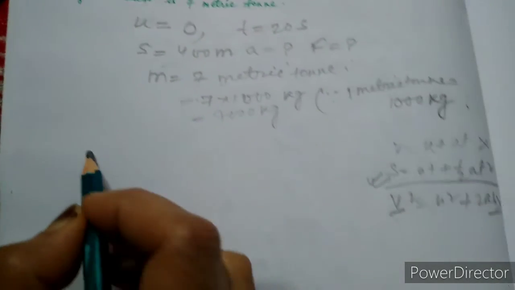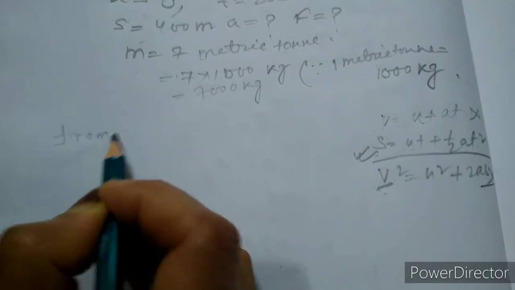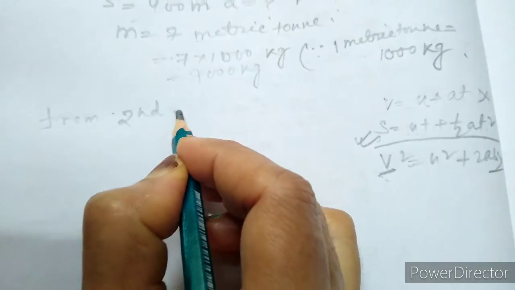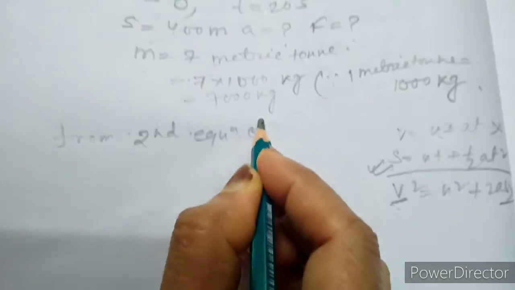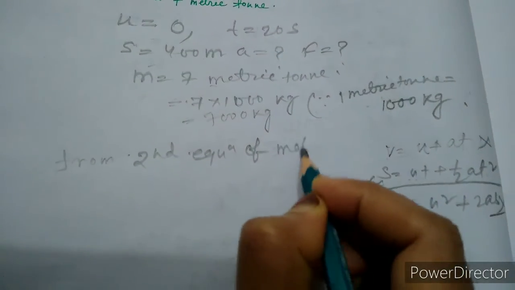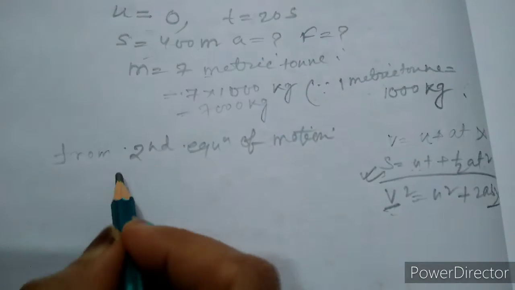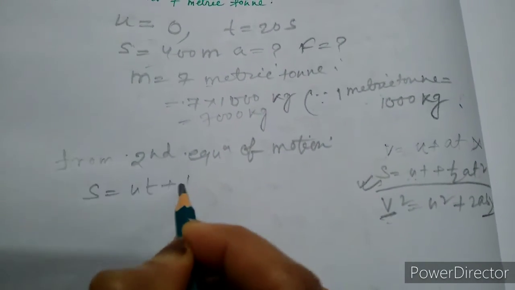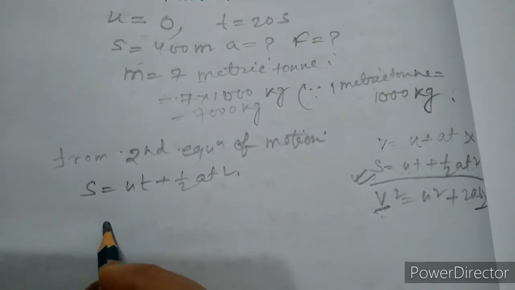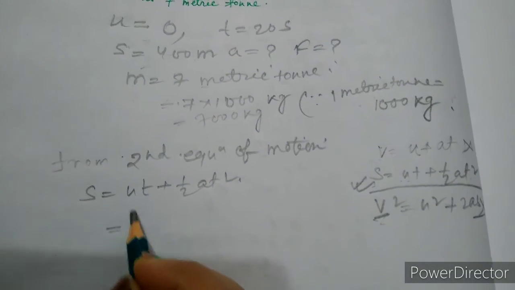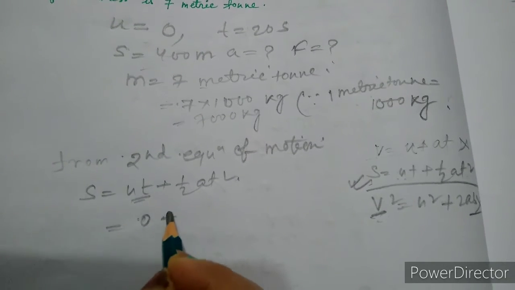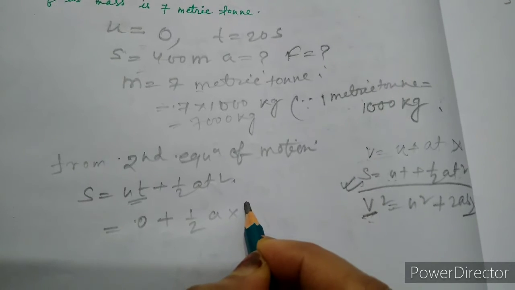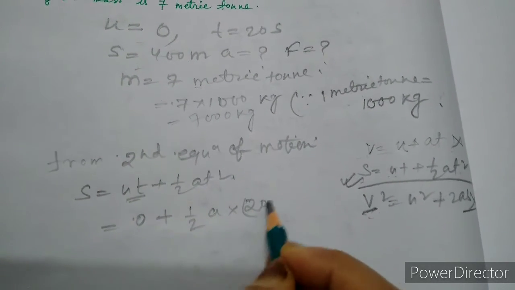So here you will write down that from the second equation of motion, s equals ut plus half at square. U is 0, so this whole component is 0, plus half a, which you don't know, and t is equal to 20 seconds, that means 20 square.